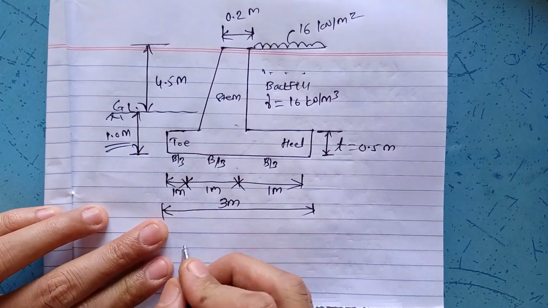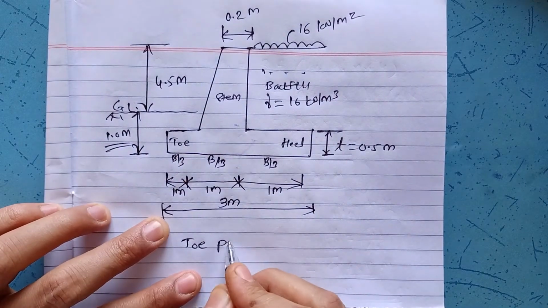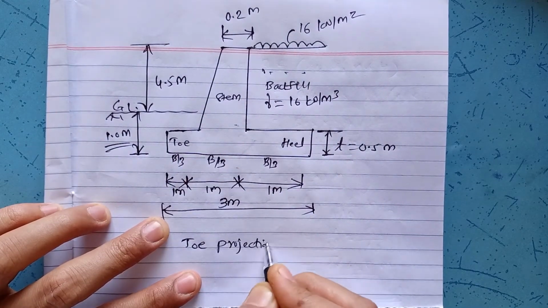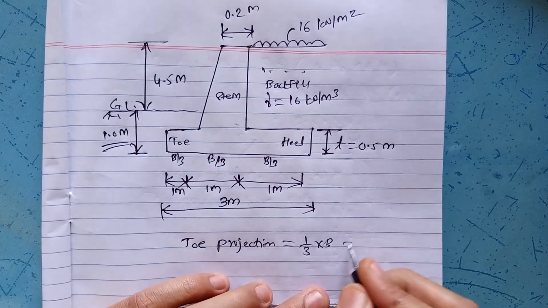Now as per the thumb rule, toe projection will be 1 by 3 into B, and it comes to 1 meter.